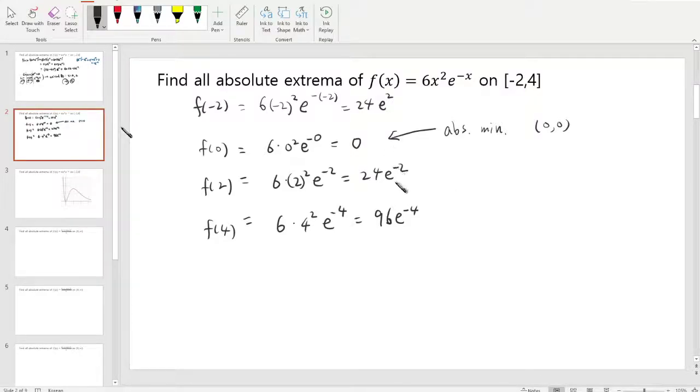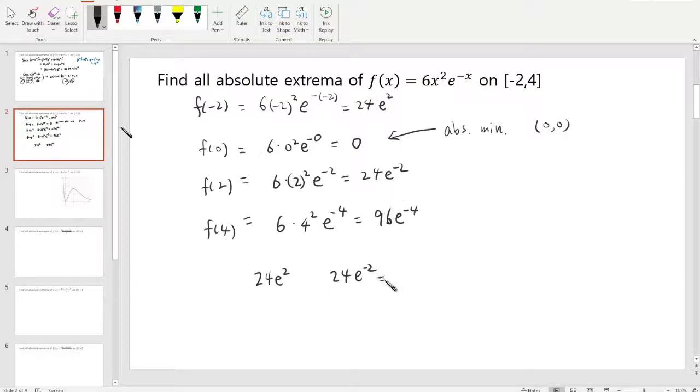However, of these three values, I'm not so sure which is bigger. So what should I do? Well, here's one thing that I see. I see that 24e squared is bigger than 24e to the -2.